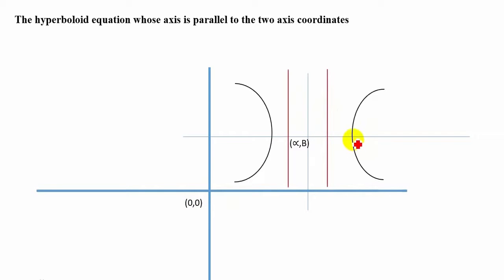So our new directrices, and these two vertices and these two foci, all change from that point to this point, moved from that point to this point.